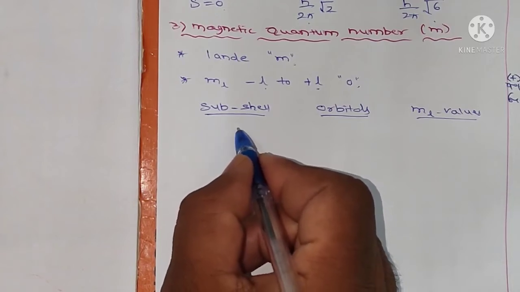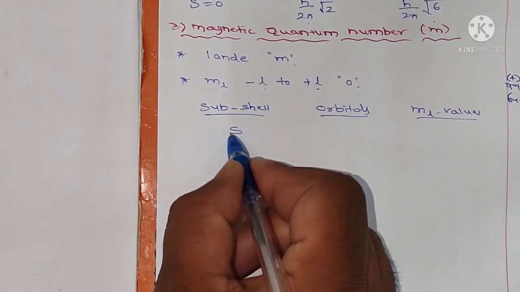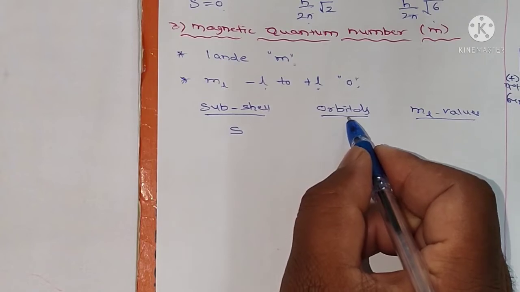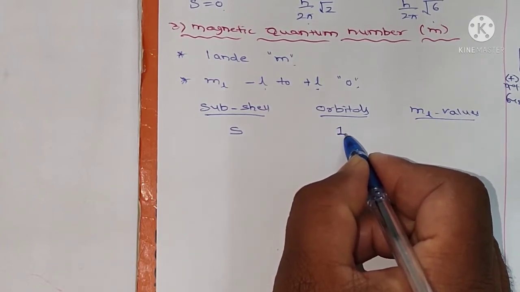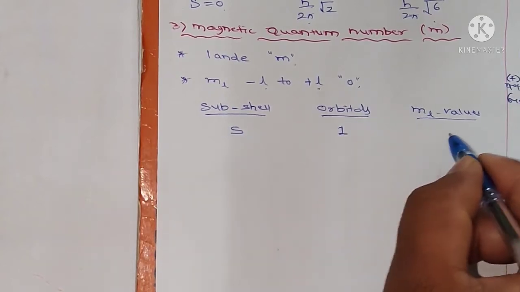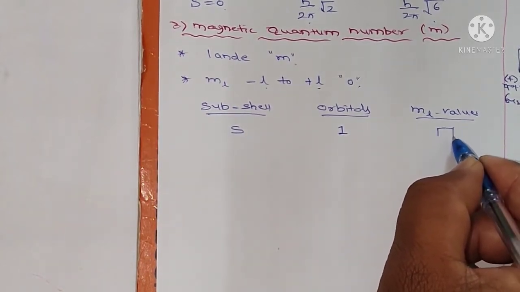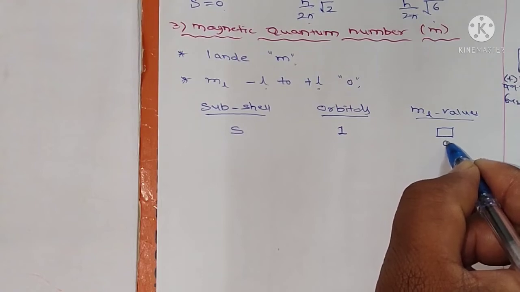So the subshell is s orbital, and orbitals, the sublevels, only 1, and that ml value is 0.